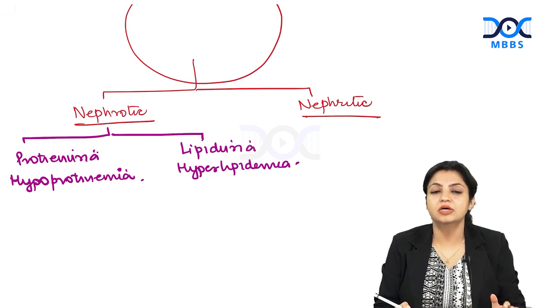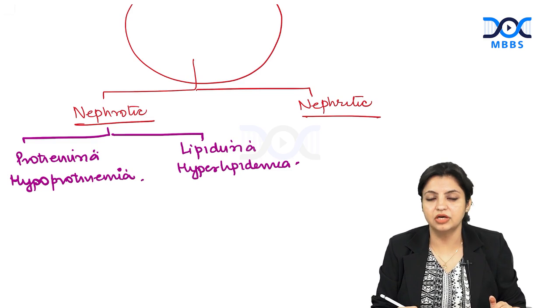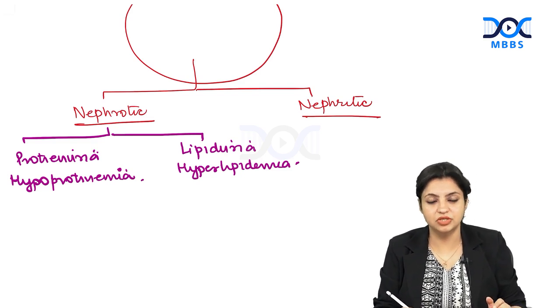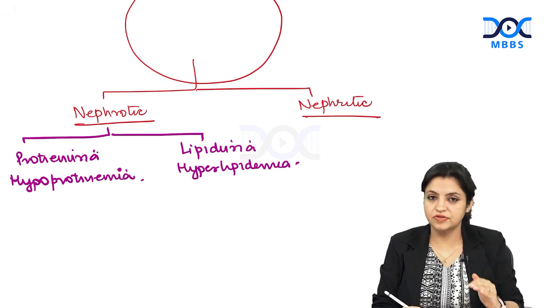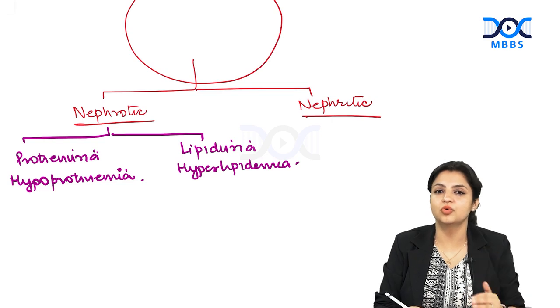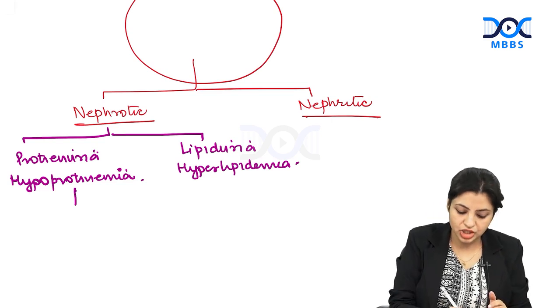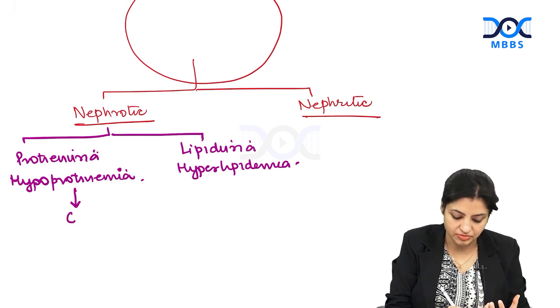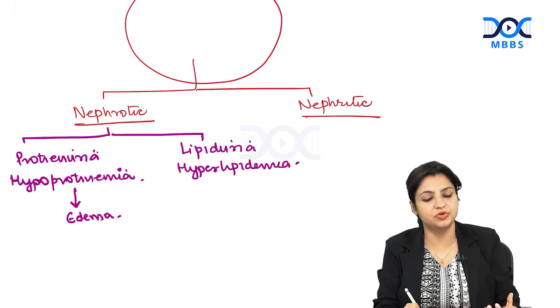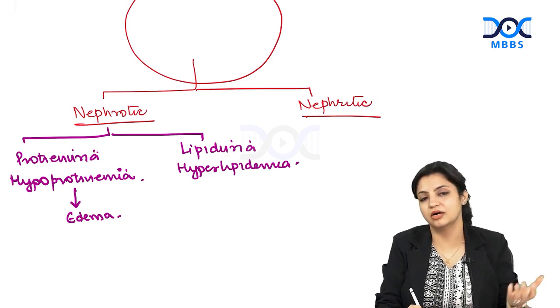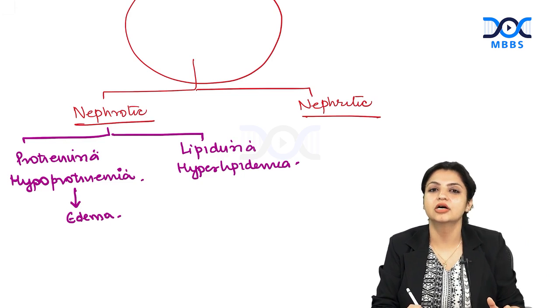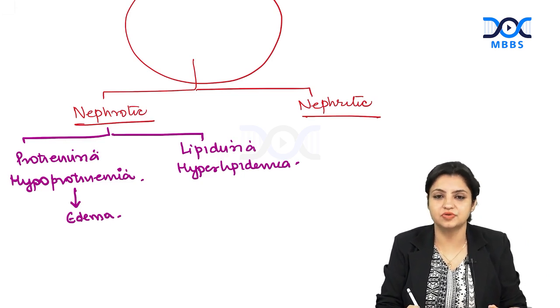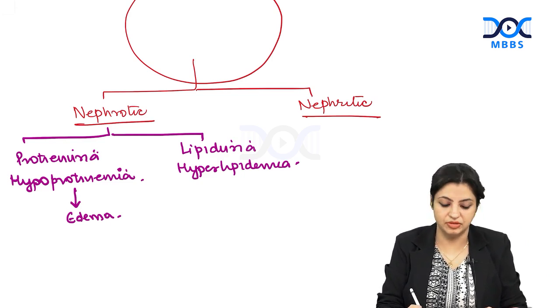But for now, this is a massive proteinuria, more than 3 gram lost in a day. Because of this, the protein levels in the body go very low. So, the oncotic pressure of the body goes low and the patient presents with edema. Apart from that, lipid also is secreted, so lipiduria occurs and the liver compensatorily starts secreting more lipoproteins, producing hyperlipidemia.